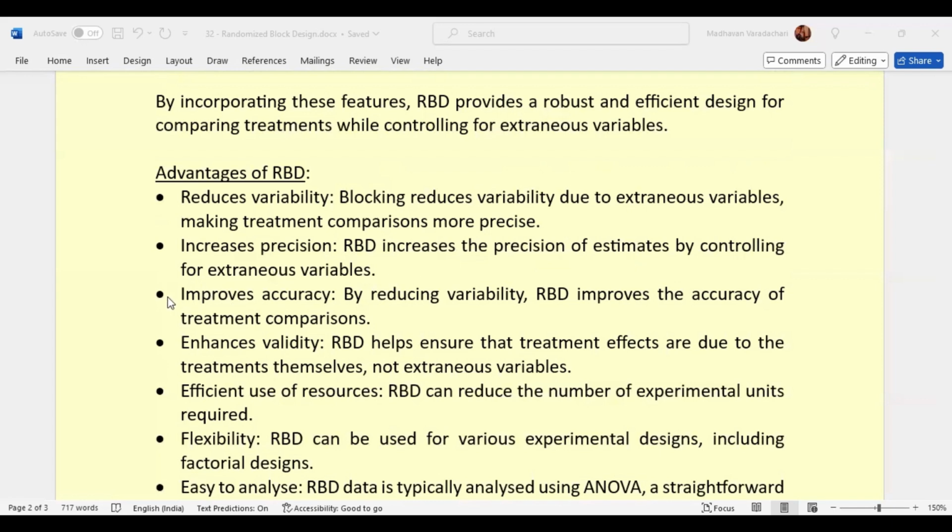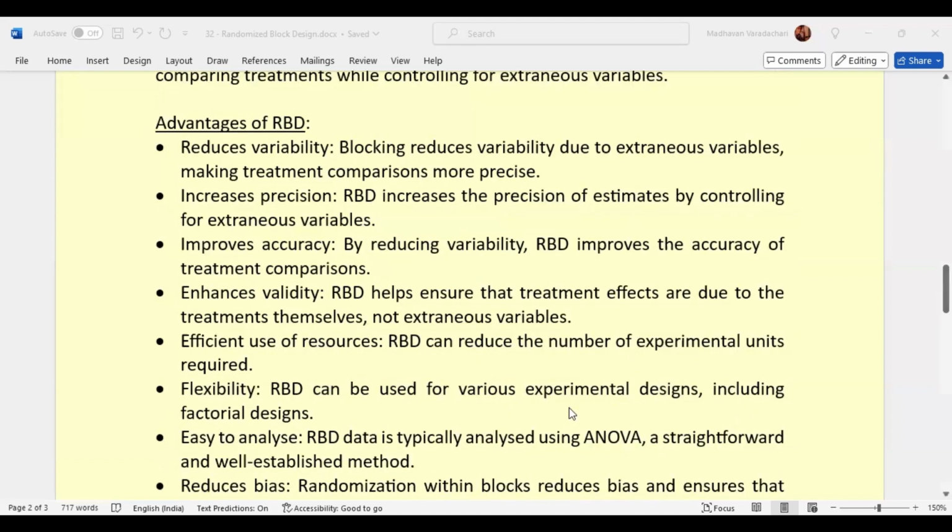It improves accuracy because by reducing variability, RBD improves the accuracy of treatment comparisons. It enhances validity. It helps ensure that treatment effects are due to the treatments themselves and not due to the extraneous variables. Efficient use of resources is possible because RBD can reduce the number of experimental units required.